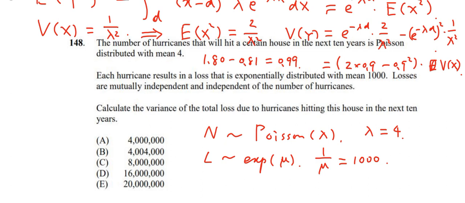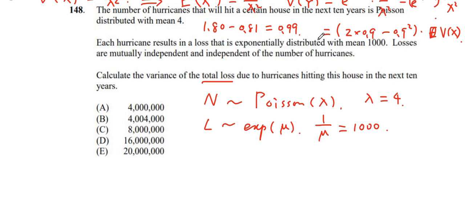So we want to find the variance of the total loss. The total loss T equals the first loss L1 plus the second loss, and so on, plus L_N if N losses happen. This N is not fixed.